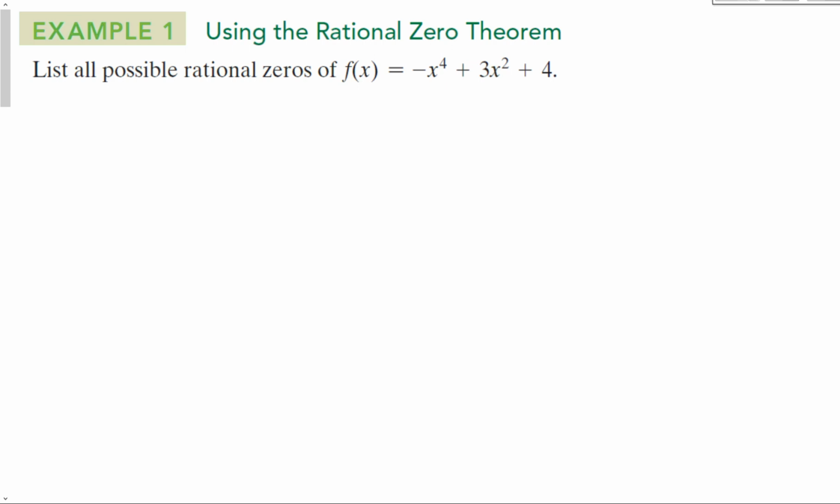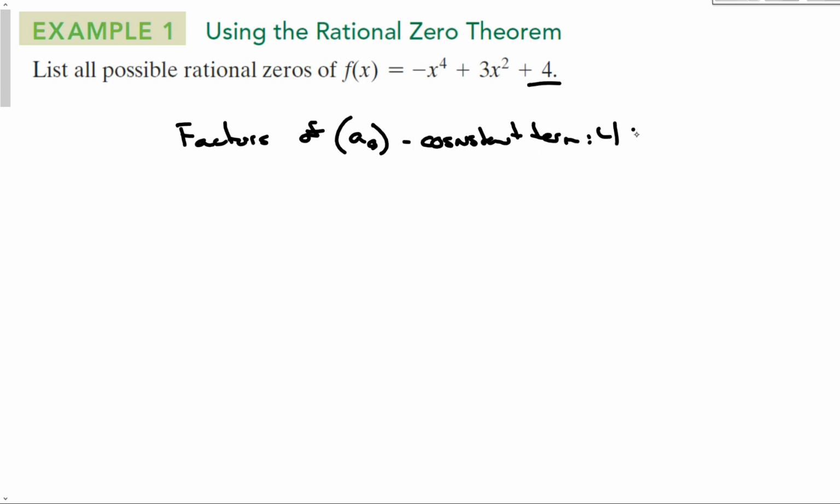Okay. So our example 1, using the rational zero theorem, list all the possible rational zeros of this polynomial function. So first, I look at this term right here. So we can say the factors of a sub 0, which is the constant term, which is 4, are, well, what are all the numbers that multiply together to give you 4?